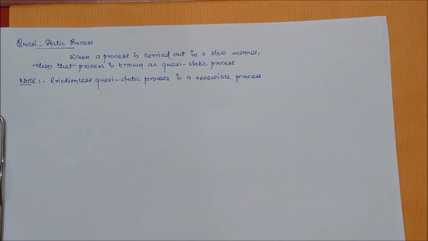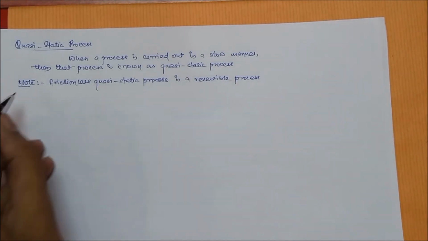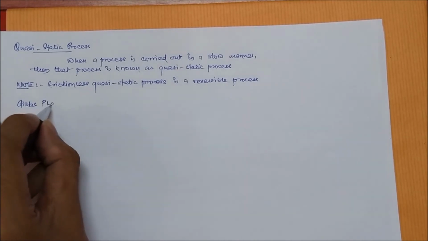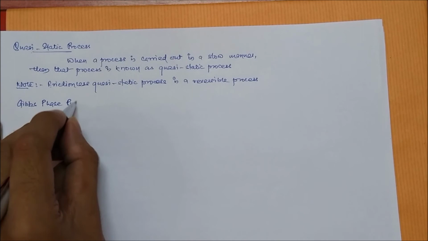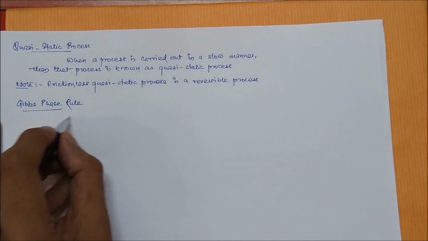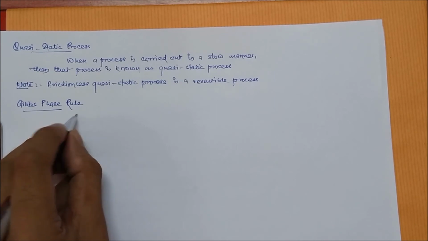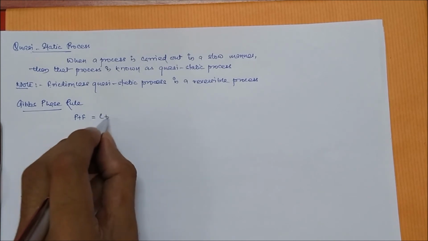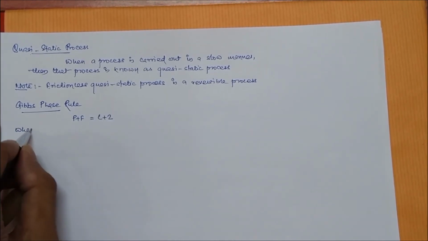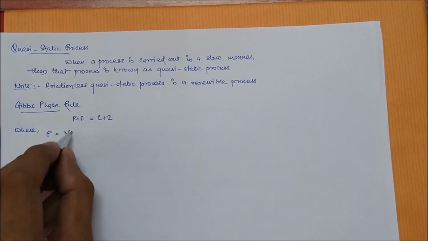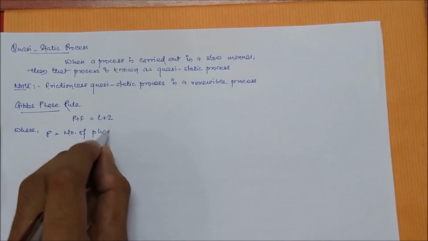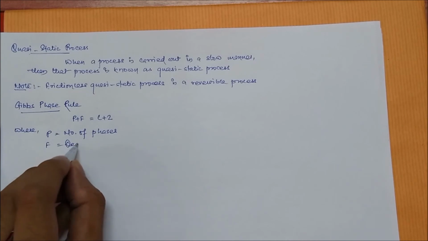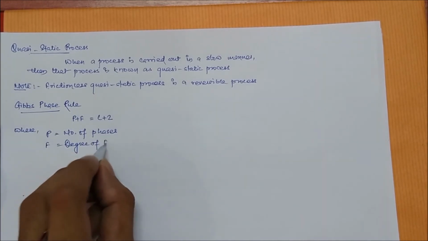Now moving further, we have Gibbs phase rule. According to this rule, it says that P plus F is equal to C plus 2, where P is number of phases, F is degree of freedom.